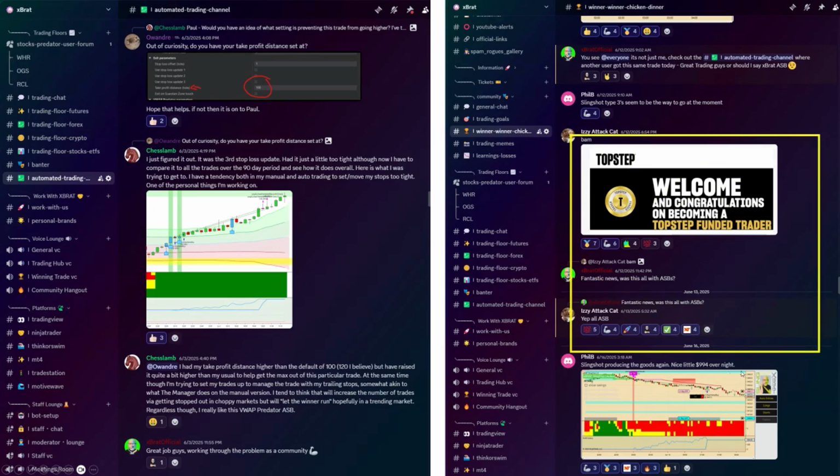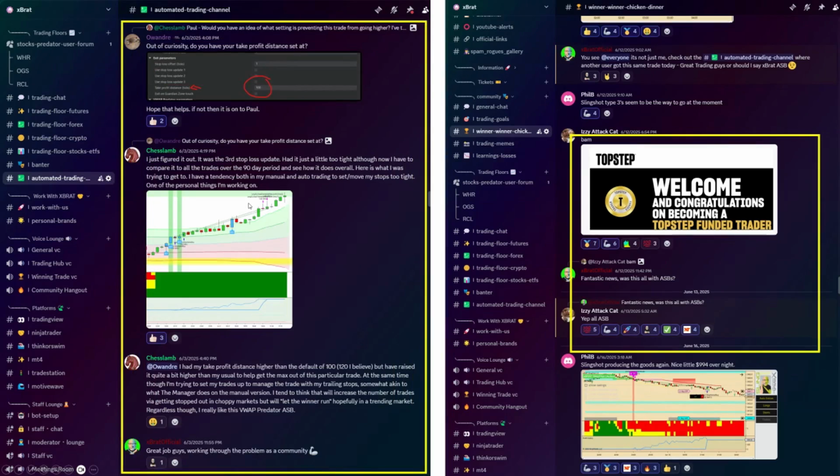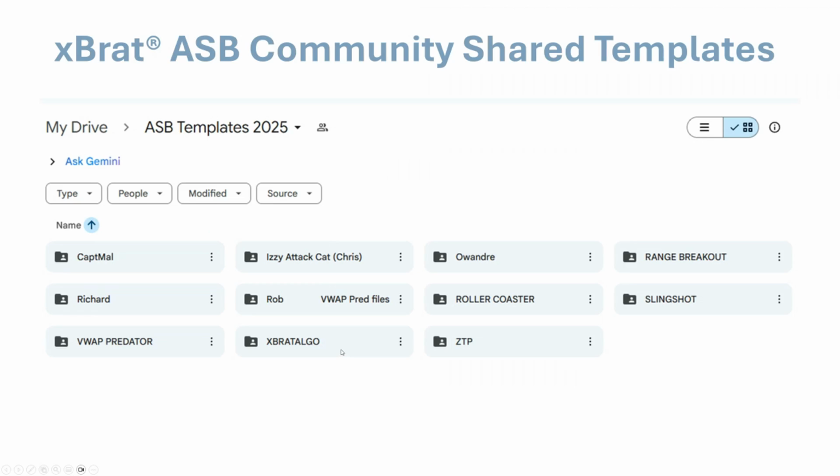Another user here is using the Slingshot ASB, and the community is there to help each other as well, because I'm not there 24 hours a day. I do have to sleep, so these guys help each other out with optimizations on this particular ASB. Plus, the community shares templates as well. We've got Captain Mal, Richard, Izzy, Rob, Andre.